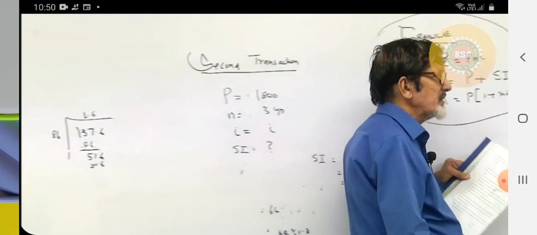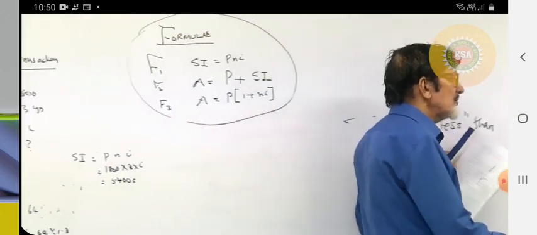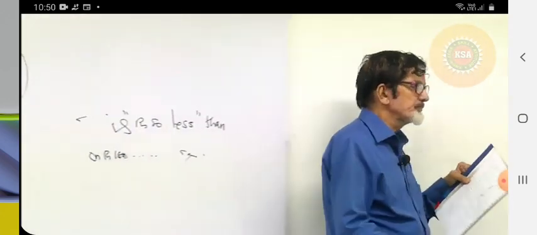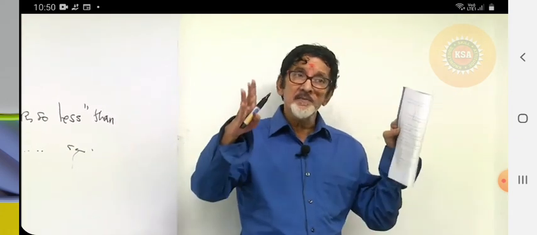Second transaction I is 5400 I. Second transaction is simple interest more.